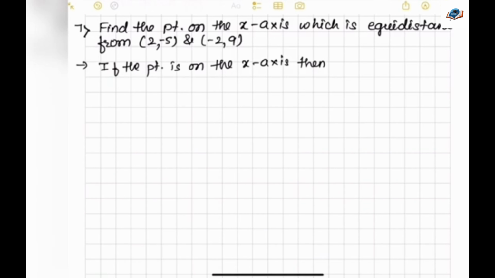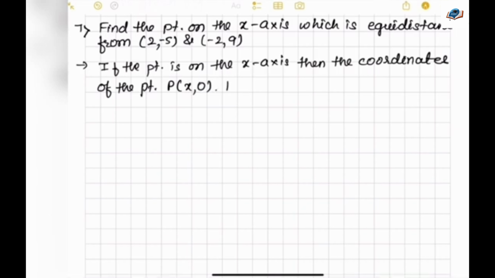Next question says find the point on the x-axis which is equidistant from (2, minus 5) and (minus 2, 9). So if the point is on the x-axis, then the coordinates of the point P will be (x, 0) because y-coordinate will be 0.